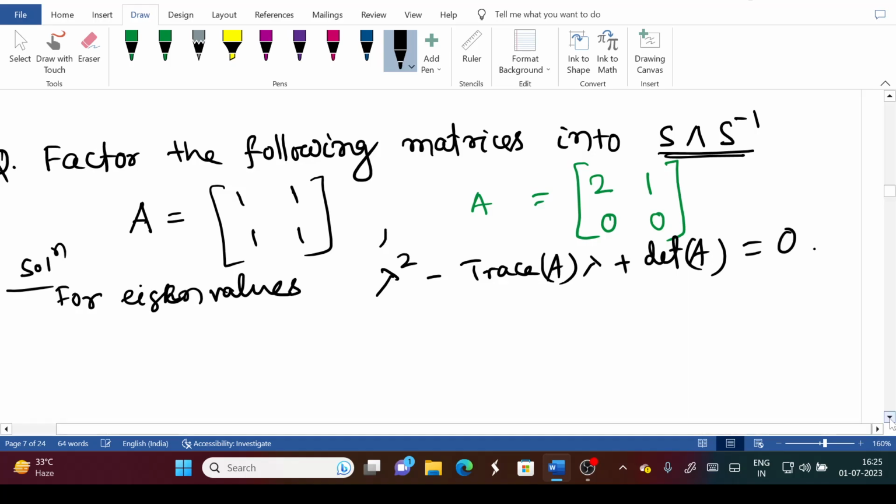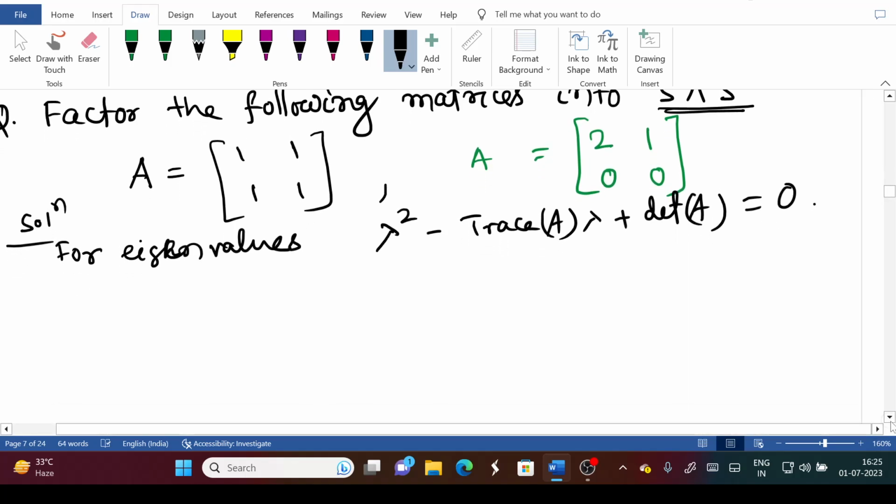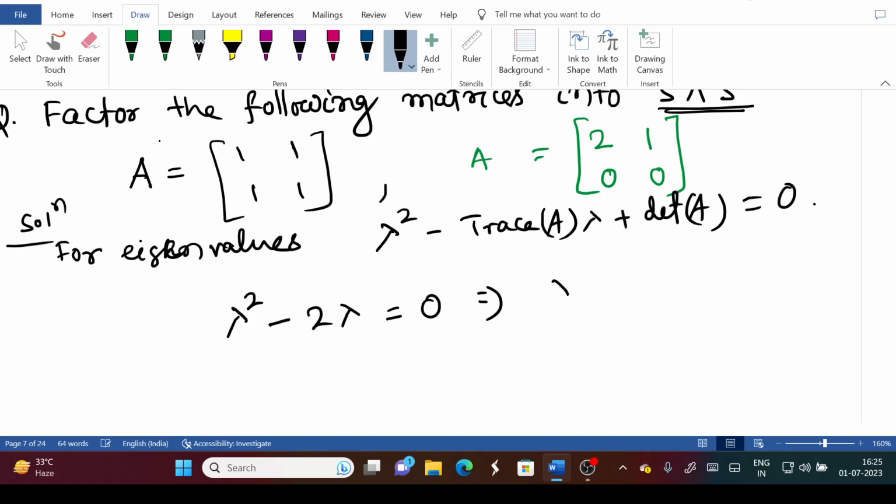Because the matrices given are 2 cross 2 matrices. Lambda square minus trace of A, the sum of the diagonal elements, which is 2, times lambda. The determinant is 1 minus 1, which is 0. So that is equal to 0. That implies lambda equal to 2 and lambda equal to 0 are the eigenvalues of this matrix.